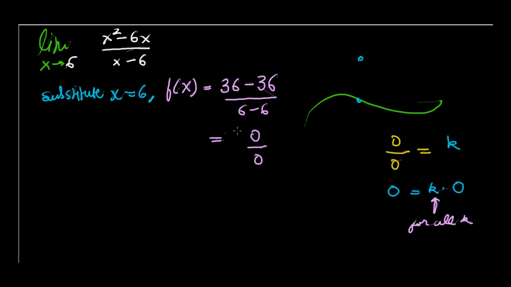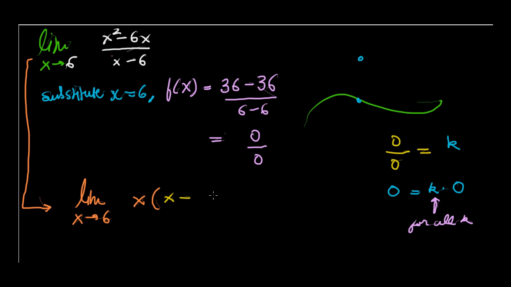Well, let's see. If I bring this down here, okay, so if I split up the numerator, this becomes the limit as x approaches 6 of, I can factor out an x, and inside I'll get x divided by x is x, squared divided by x is x, 6x divided by x is 6, right?